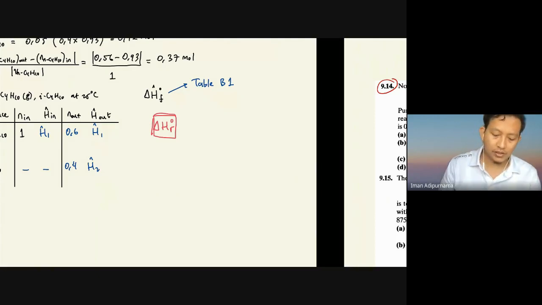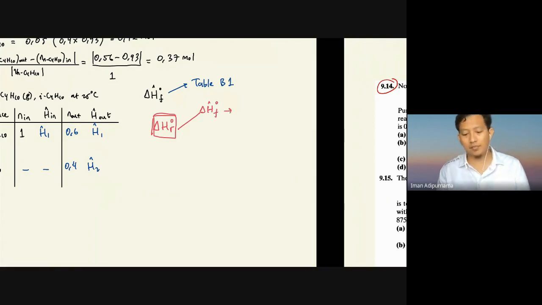Delta HR is the heat of reaction in terms of delta HF, which means that to form 1 mole of that substance, you need some energy, and that is the specific enthalpy of formation.